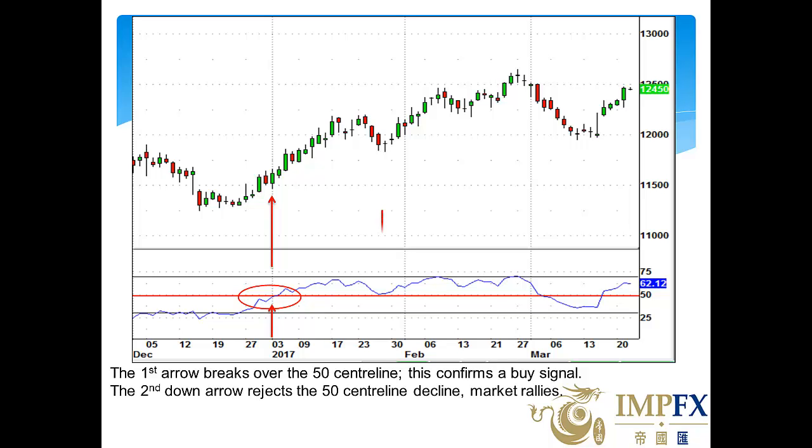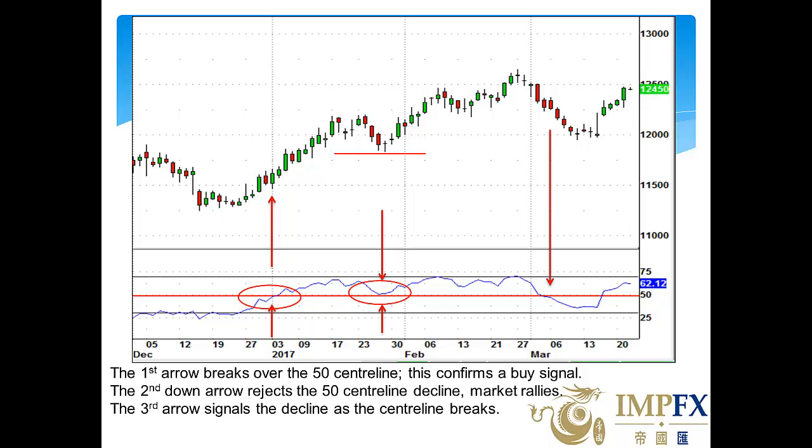The second down arrow rejects the 50 center line. As you can see, the decline challenges that level, but it didn't break it. And you can see from the rejection, the market rallied. The third arrow signal, the decline goes through the center line and breaks.